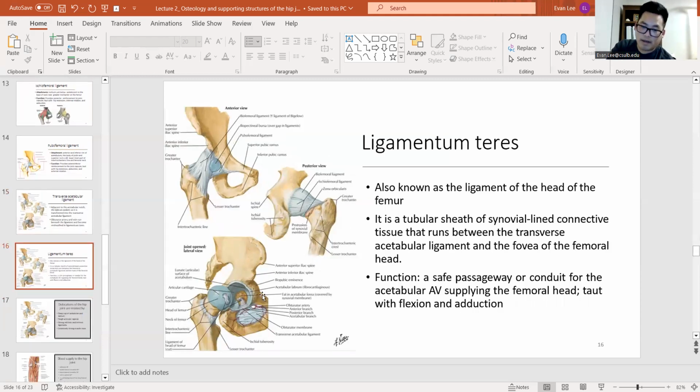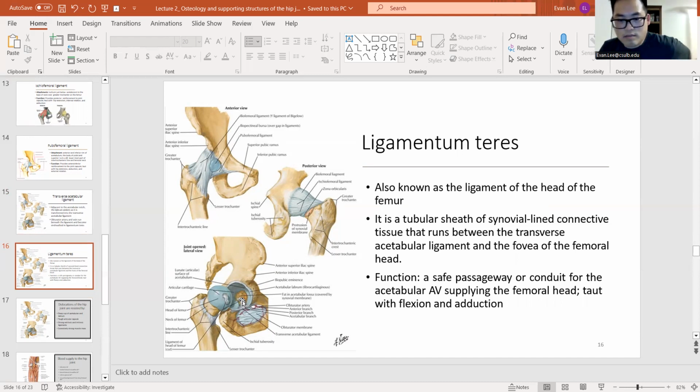And then ligamentum teres. If you remember pronator teres or teres major, teres minor, this is just a short band. That's what teres means, a band. And this band is directly connecting two things, one on each side. You can see that you have one end connecting over here to the fovea of the femur, and the other end attaching to the acetabulum once again.